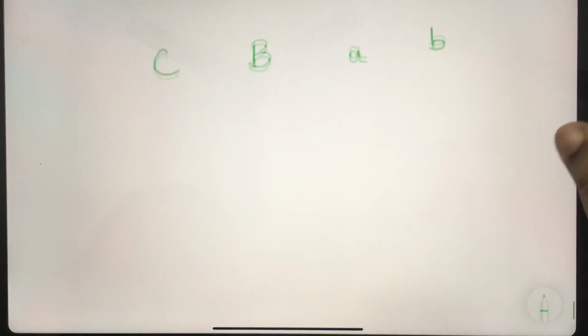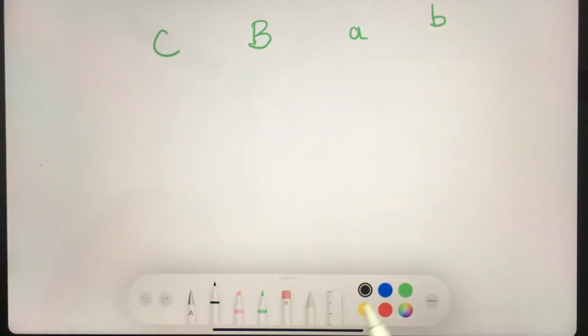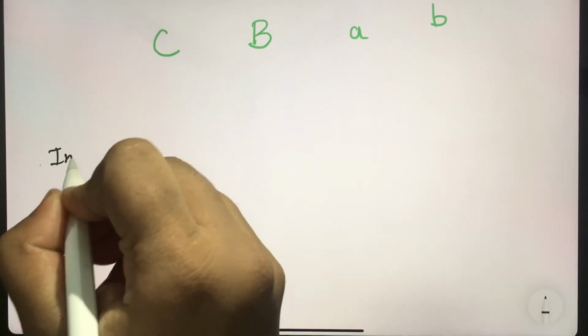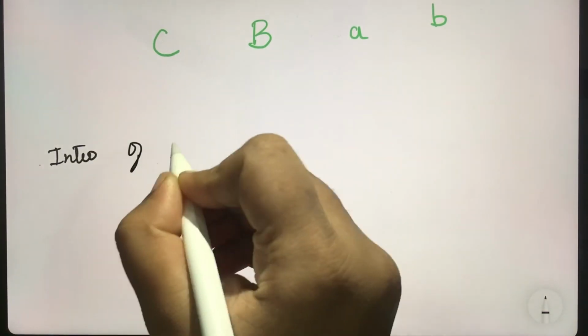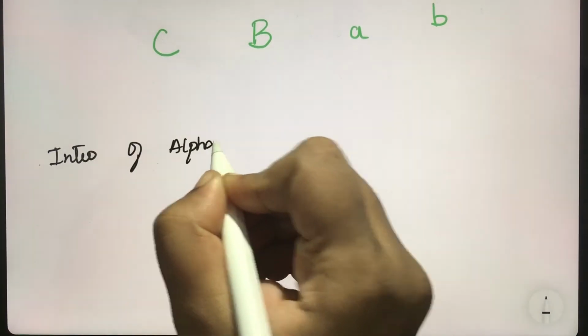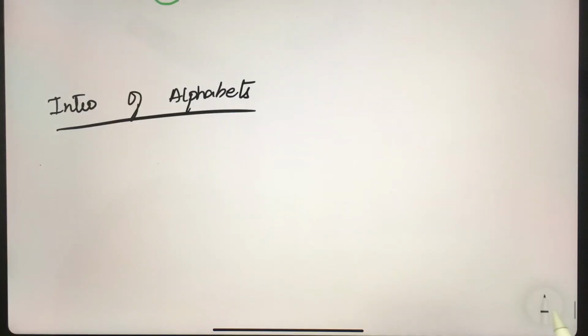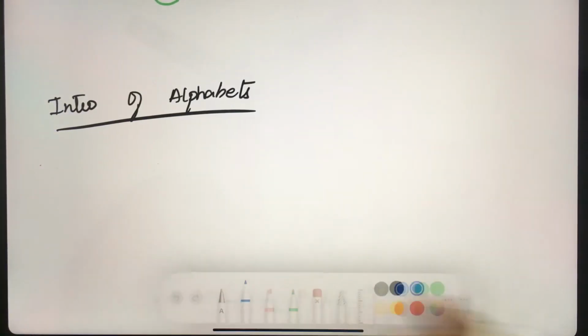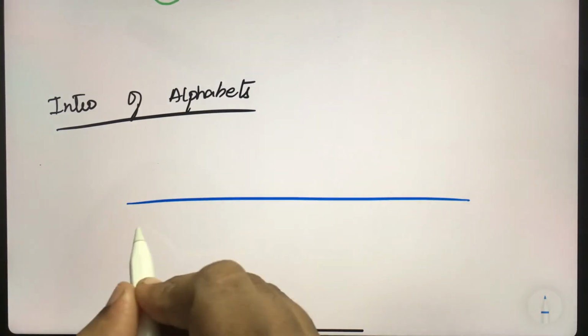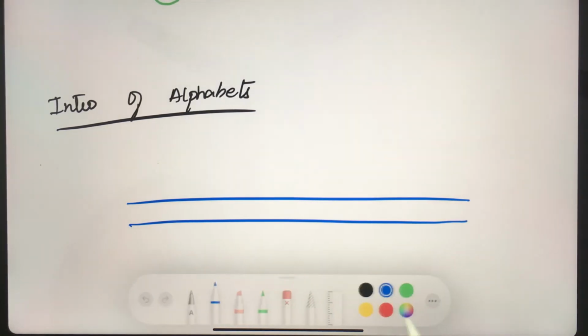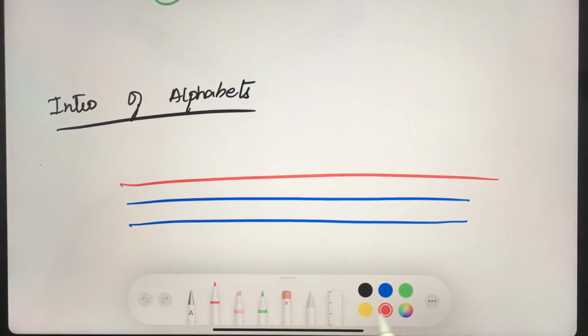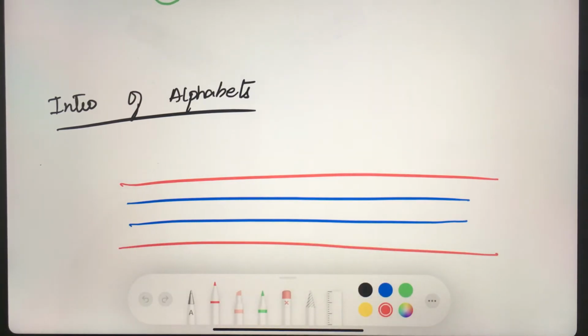As I already told you, for introducing alphabets, we have to give 4-line notebooks, where the middle will be the blue line, the upper line will be the red one, and the lower line will be the red line.